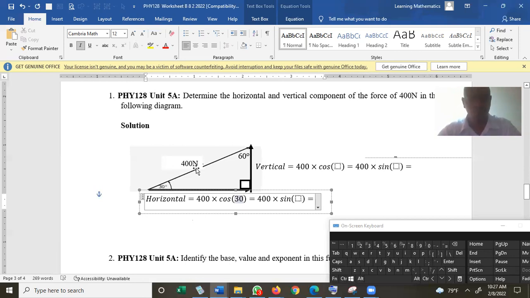or is 400 times the side adjacent, because cosine of 30 degrees is the same as sine of 60 degrees, and so to get the same answer.